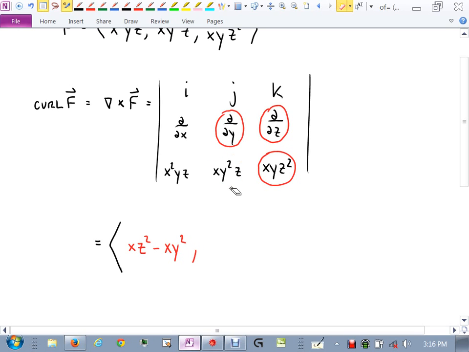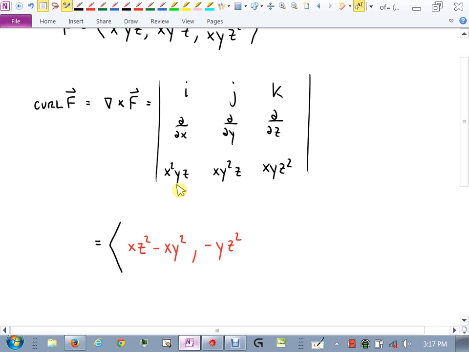Now we do the next one. I won't draw any more circles, let's just do it in our heads. What's the partial with respect to x of this one right here? yz squared, but then we're going to subtract it, so minus yz squared, and then the partial with respect to z of this x squared y.